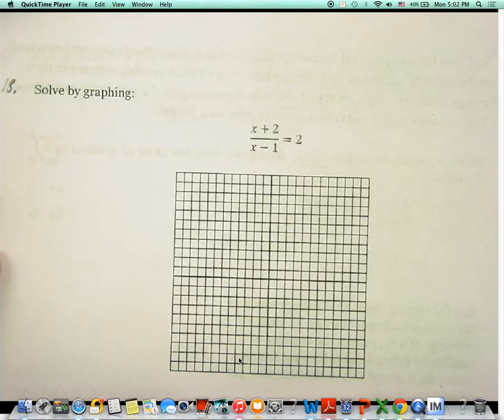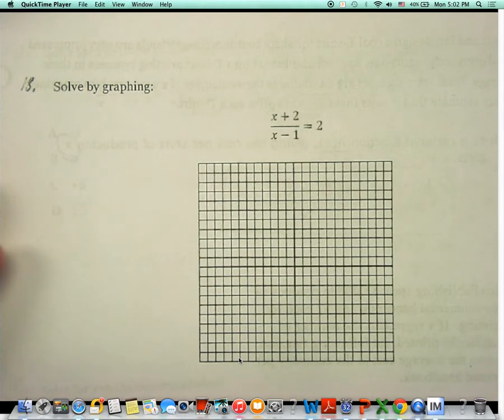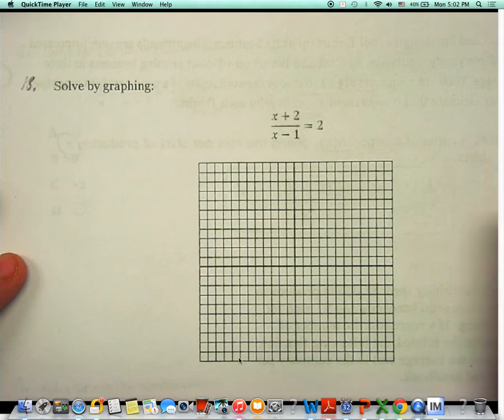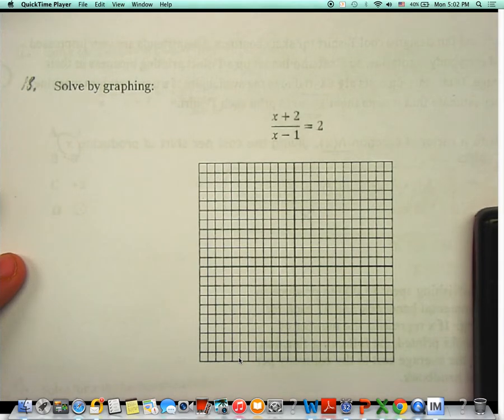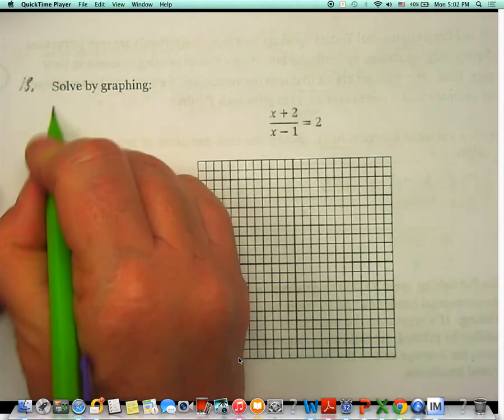Okay, then number 18, we're going to solve by graphing. We've got x plus 2 divided by x minus 1 equals 2. All right, to solve by graphing, we're just going to put it in our calculator. Okay, and we're going to say put in y equals.